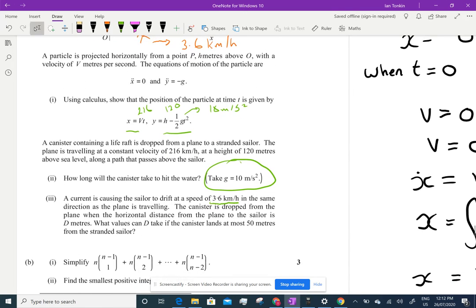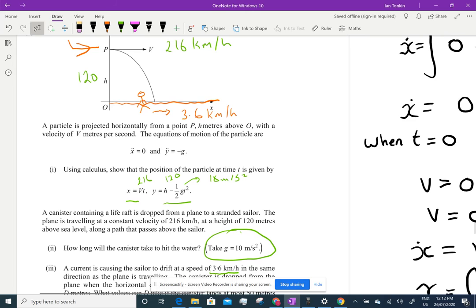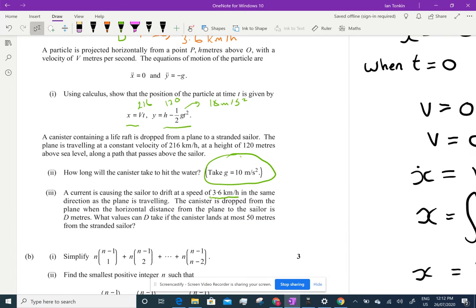The canister is dropped from the plane when the horizontal distance from the plane to the sailor is d. Okay, so this distance, the plane to the sailor, is d. All right, so we've got a couple of things happening here. What values can d take if the canister lands at most 50 meters from the stranded sailor?